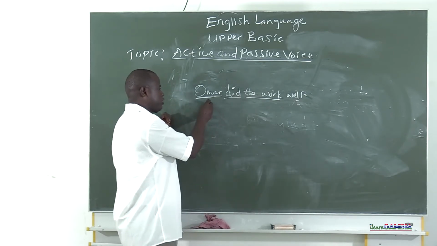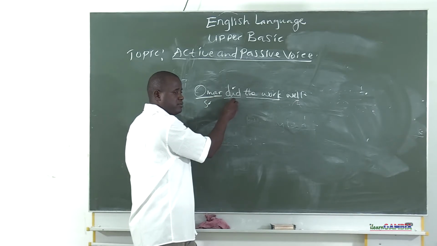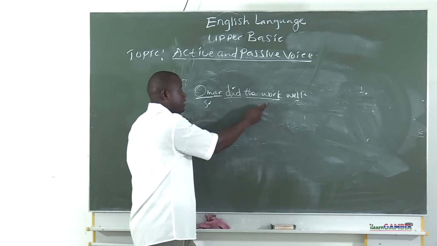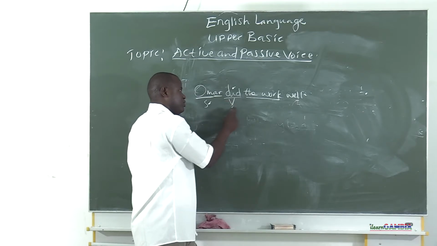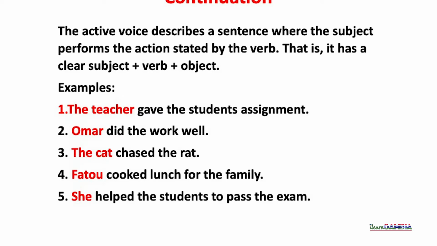Because the subject does the action. What did he do? He did. What did he do? A work. So this is the object. So we have verb and we also have object. Number 3, the cat chased the rat.